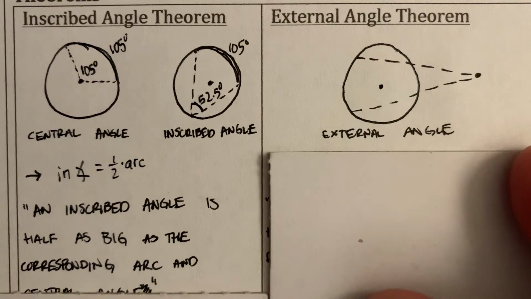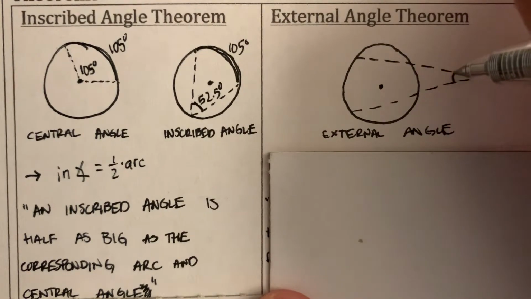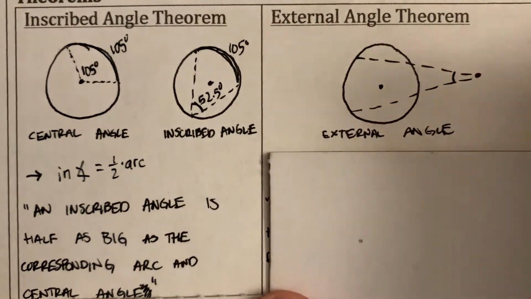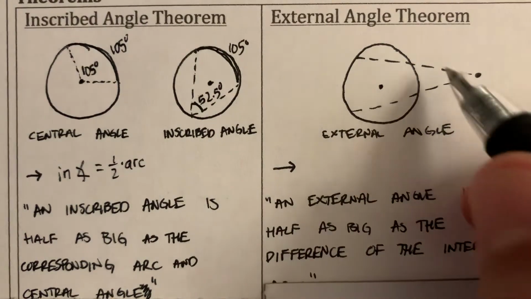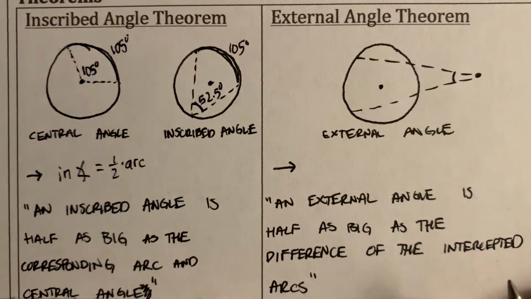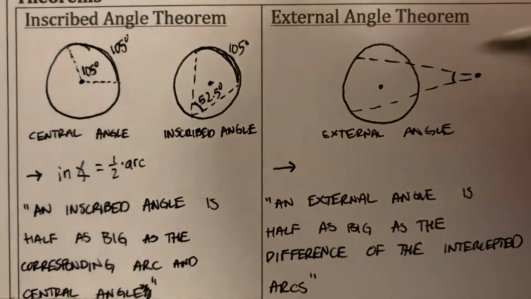And we are also going to work with the external angle theorem, and the external angle is right here. It's called external because it's on the external side of the circle. And what this one says is the external angle is half as big as the difference of the intercepted arcs. This one is actually a little easier to visualize with the equation.